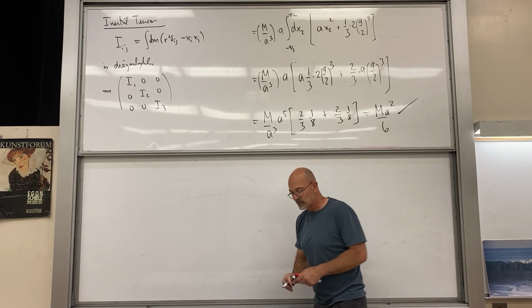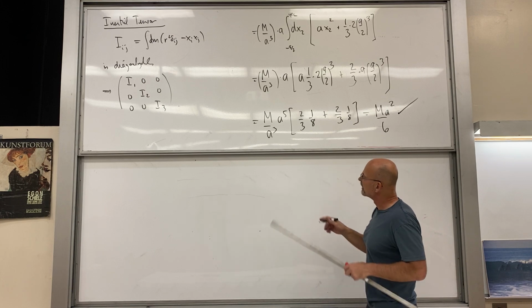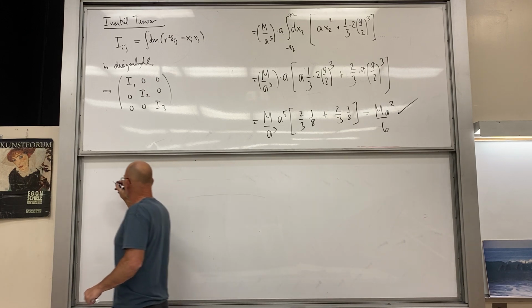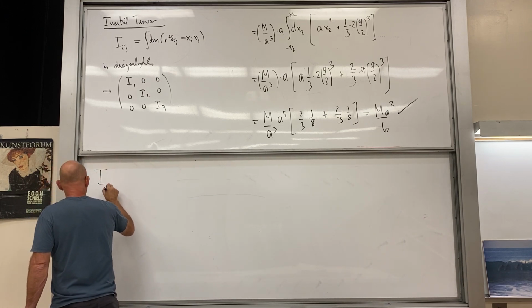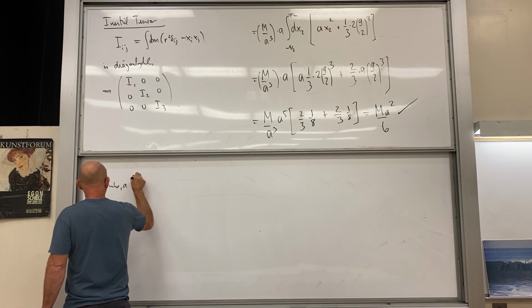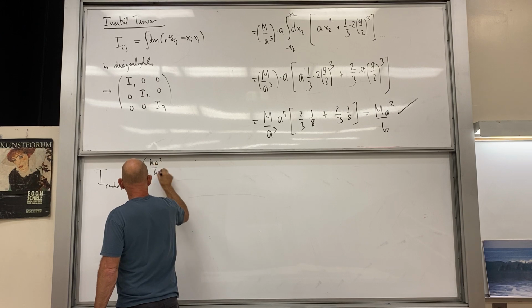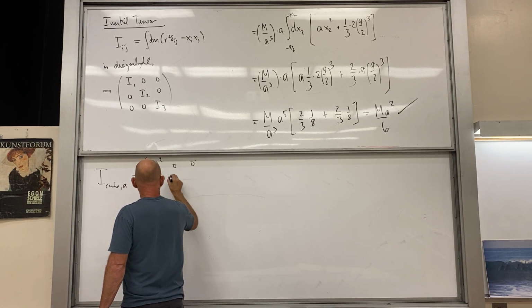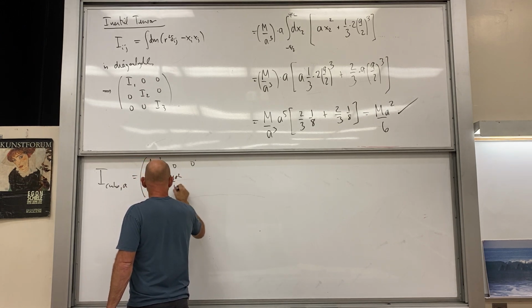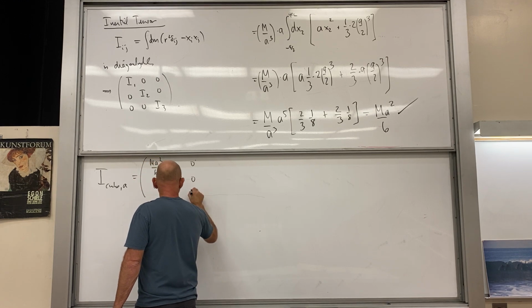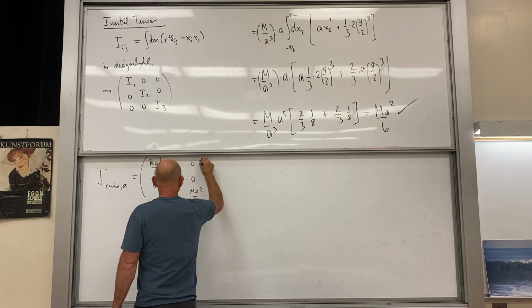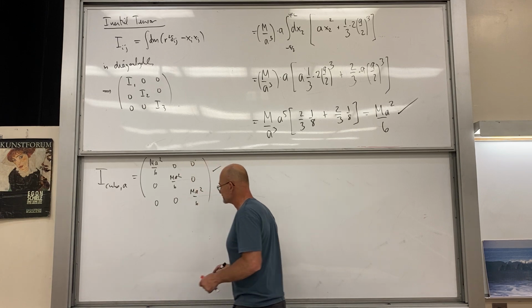So I sub cube of side a is equal to m a squared over 6, m a squared over 6, 0, 0, 0, m a squared over 6. Okay, so we have that.